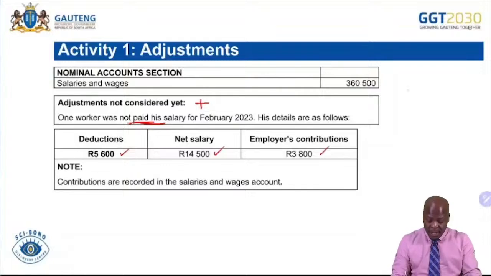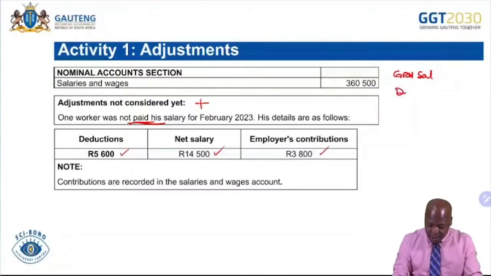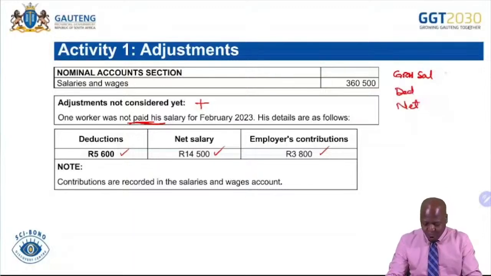The starting point is you have to know what is gross salary. Once you have your deductions and your net salary, you can get gross, because gross minus deductions is equal to net. I'm going to say that again. Gross minus deductions is equal to net. So if you have your net salary and you have your deductions, you can then get gross.